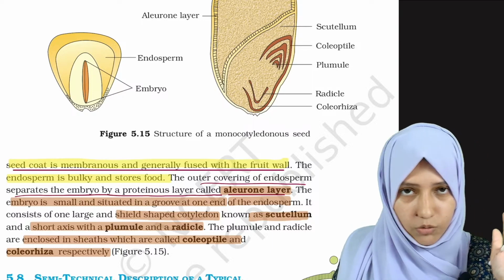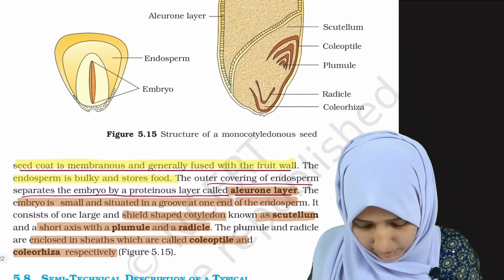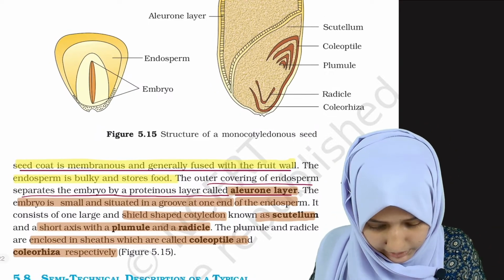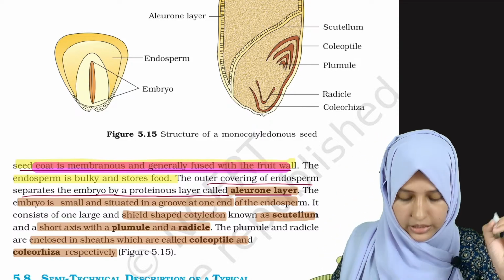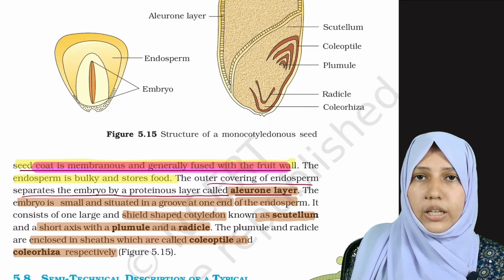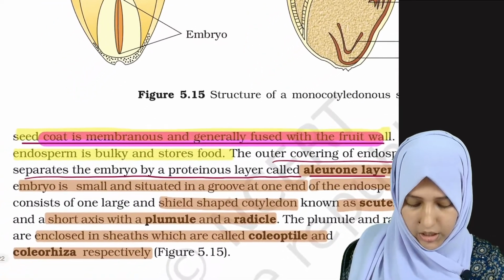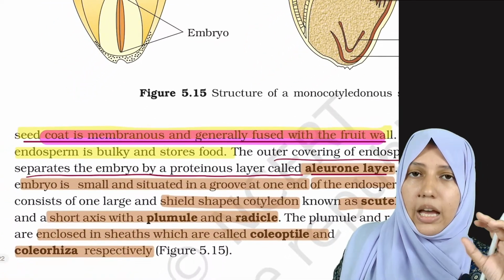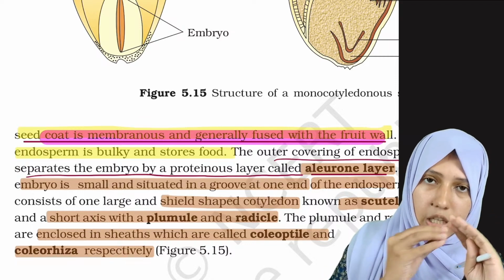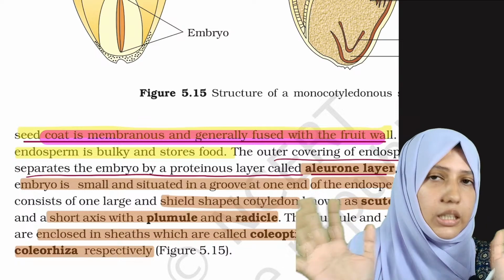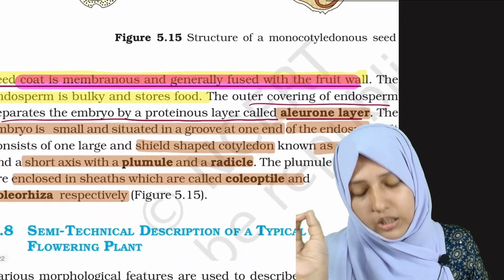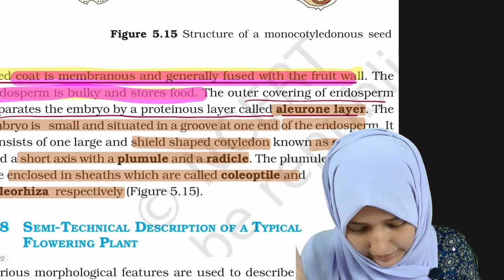The membranous seed coat is generally fused with the fruit wall. Clear? And the endosperm is bulky and stores the food.